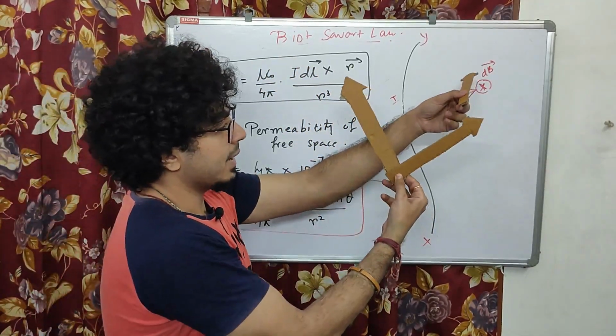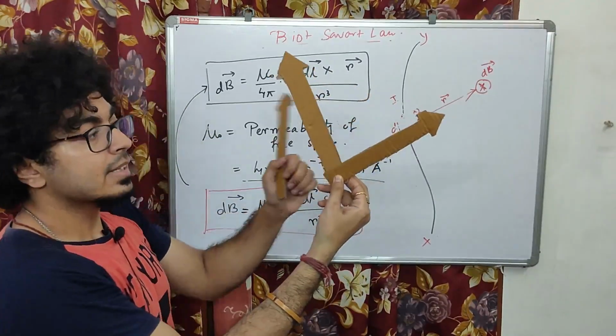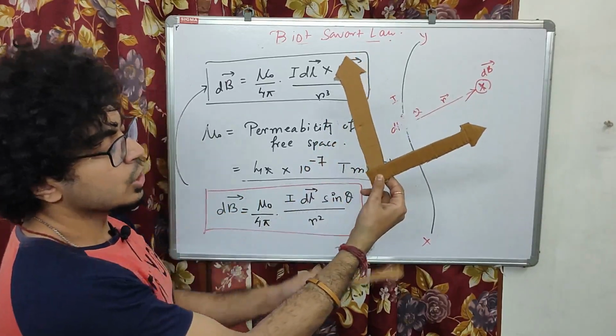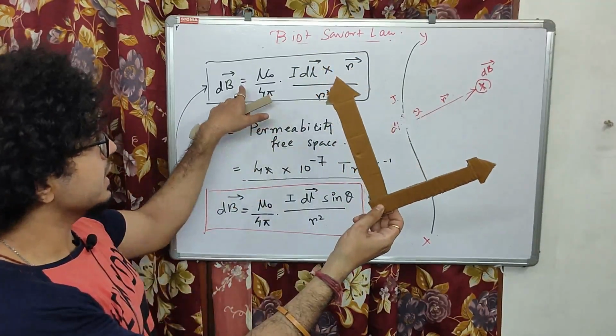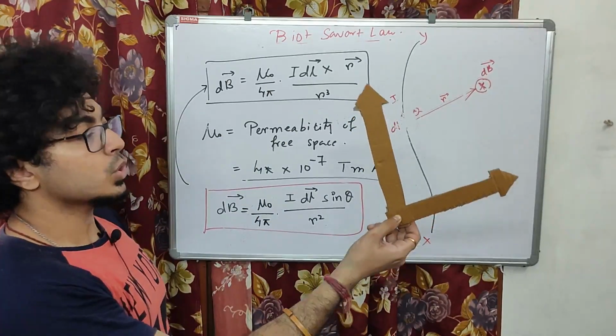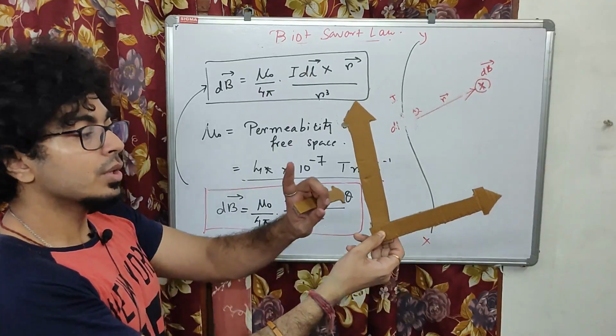At this point the magnetic field will be directed into the board, right? So see, this is I dl, that is the dl part, and this is r. So magnetic field dB comes after doing the cross product, which is a vector quantity. The direction of a cross product is always perpendicular to both the vectors, this one and this one.